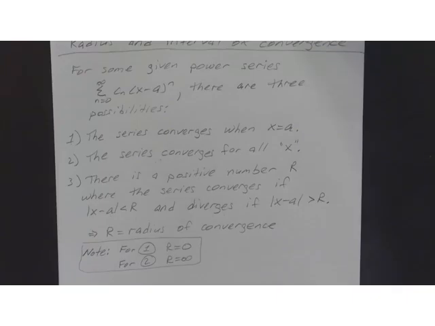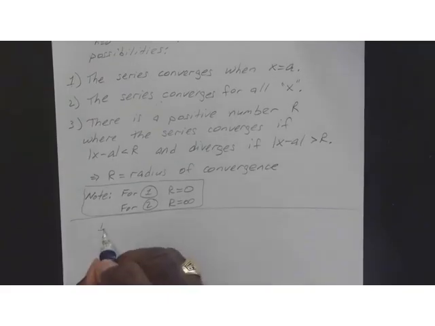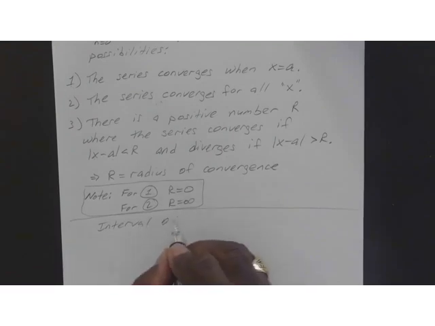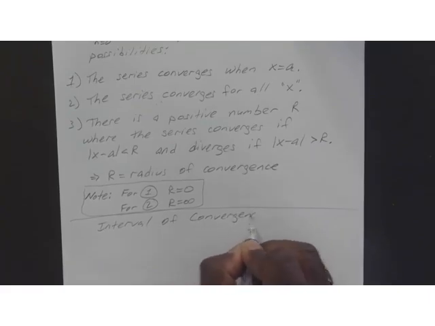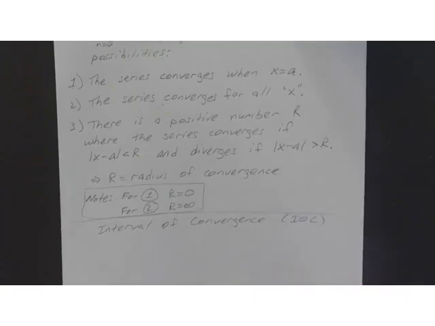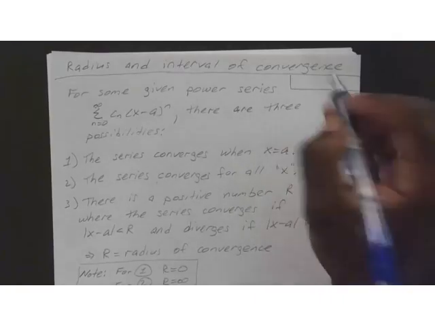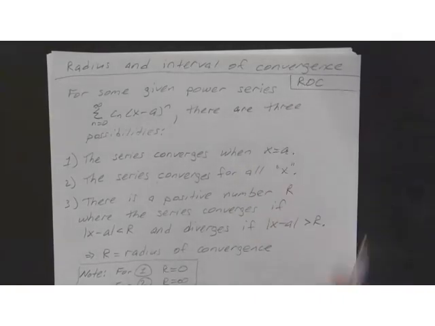Now the interval of convergence, that's where we wrote that as the compound inequality. That shows your interval of convergence. A lot of times you'll see that as IOC, and the radius of convergence, you'll see that as ROC. So if you happen to see that, that's all it means.